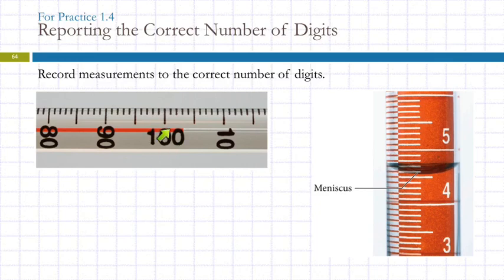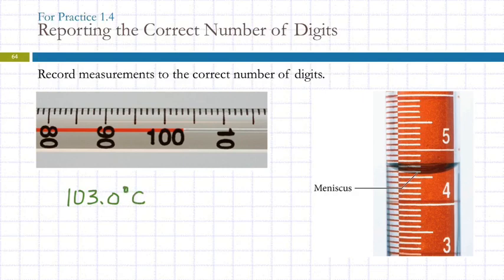So we find the red alcohol here, and it's 100, 1, 2, 3. Kind of looks like it's exactly on the 3, doesn't it? It's like right there. So it's 103, but we need to estimate a tenths place. If we think it's exactly on the line, then we'll say 103.0 degrees Celsius.